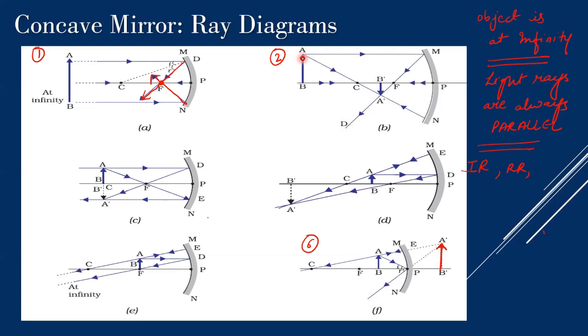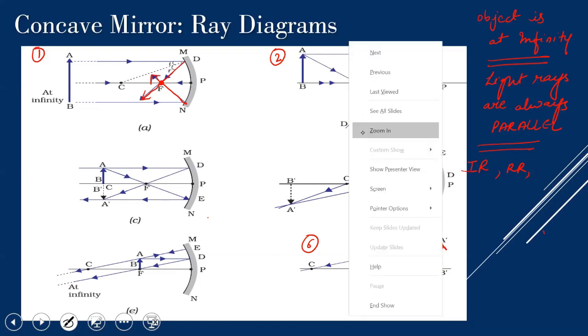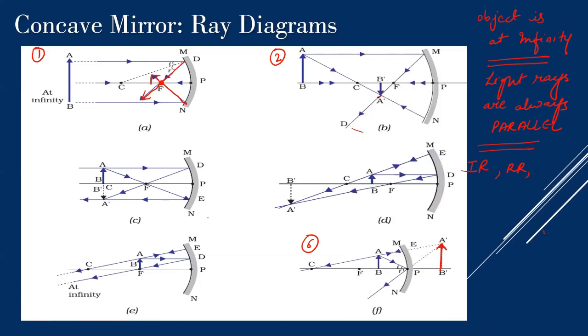The ray which is going through center of curvature, how is the path of the reflected ray? The path of the reflected ray will be the same. It will retrace the same path. So it is passing through center of curvature and coming back like that. Now, where are these two rays meeting? These two rays are meeting at this point. So now this point becomes my image point. If my image is standing like this, AB, and from point A, from the head, the two rays are emanating, the point of intersection will be again point A itself.